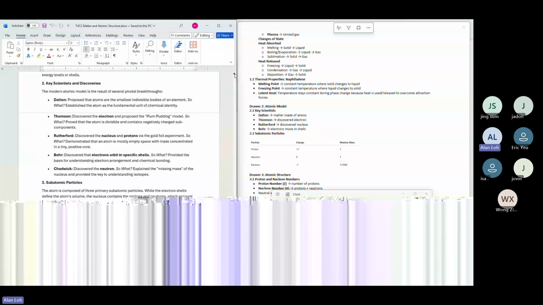Drawer 3, let's see how long is this? Okay. So we will take 2 minutes. Atomic structure, all right? Let's start now. It should be 0.1 or 0.2.